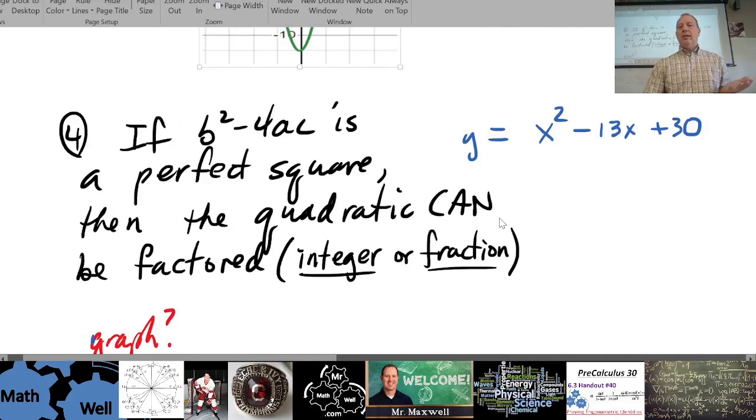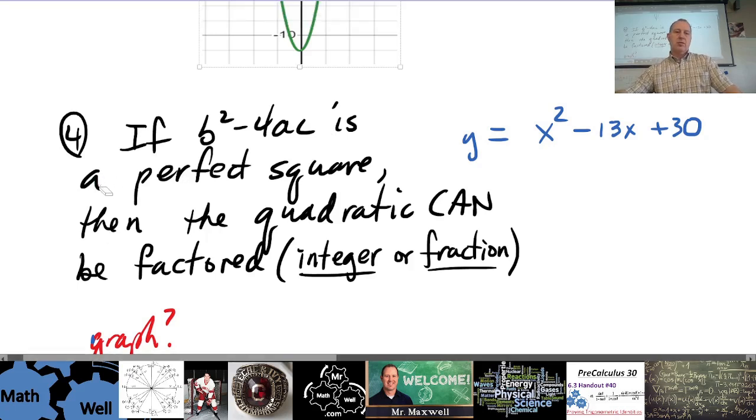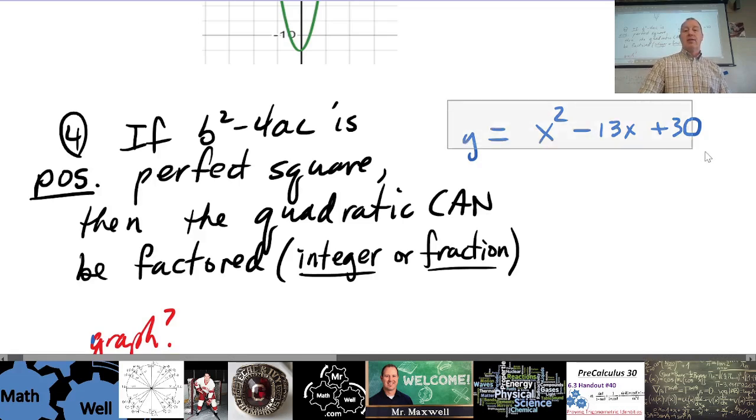Now this one is similar to one we've already talked about, but if b squared minus 4ac is a positive perfect square, and I should maybe just write that down, a positive perfect square, what that means is that there's going to be 2 solutions, and that would mean that this could be easily factored, to an integer or to a fraction.